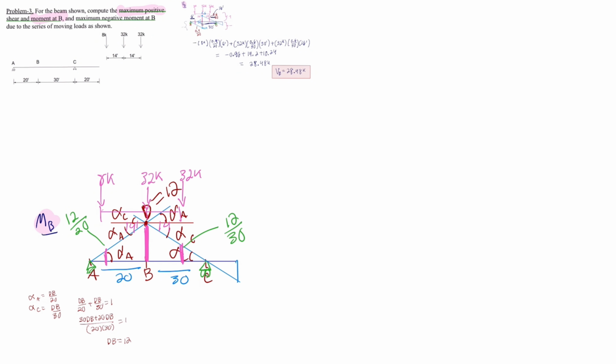So we will start off by doing the 8 kip load, and the 8 kip load is positive. So we will add the 8 kips times the slope, which is 12 over 20, times the distance. This distance, since this is 14, as seen here, and the distance is 20 here, so we know that this distance will be 6 feet.